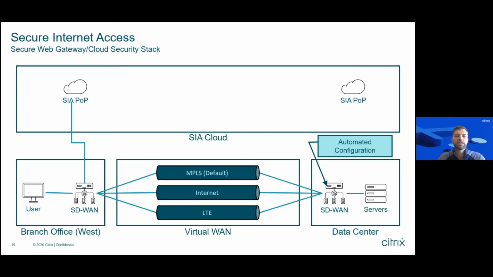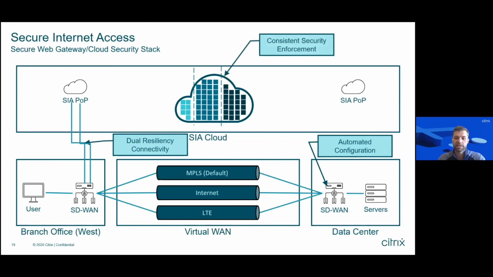And these could include links from other branches as well, the ISP links at the branch. In branches where you have an SD-WAN already that has multiple links, the connection uses that SIA cloud, and it will be able to benefit from both links to just increase that resiliency on the internet connection.